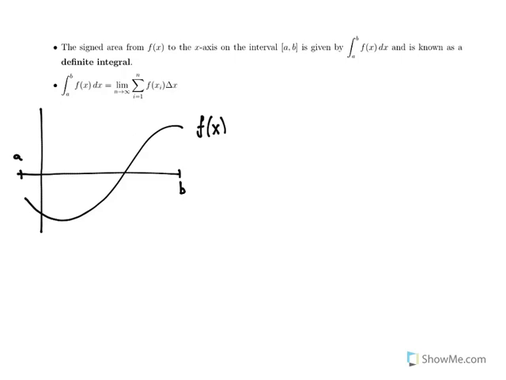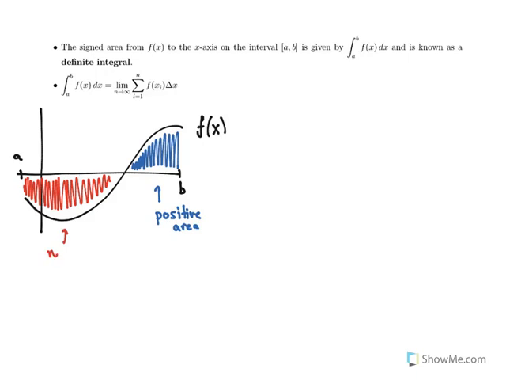So when we're below the x-axis, that's going to represent this area right here, below the x-axis to the function. And when we are above the x-axis, it's going to be from the function to the x-axis right there. This blue area is positive area as we are above the x-axis. And this red area is negative area.